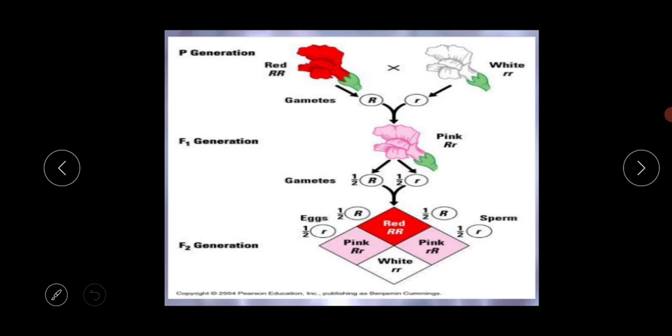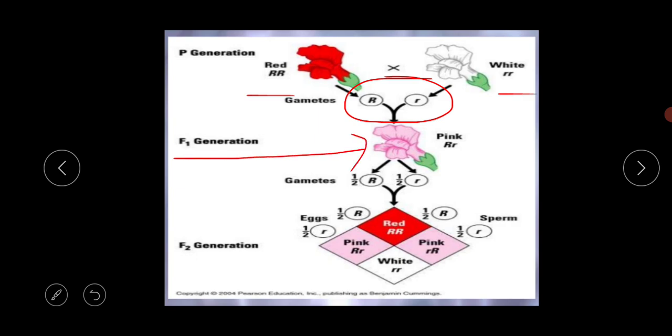I have also made one cross here: this is the red and this is the white, capital R and small r. Then we get the capital R small r gamete, and this is the pink color, and we get the F1 generation.